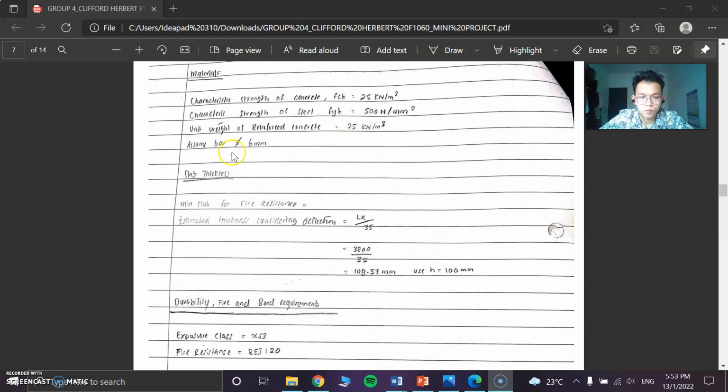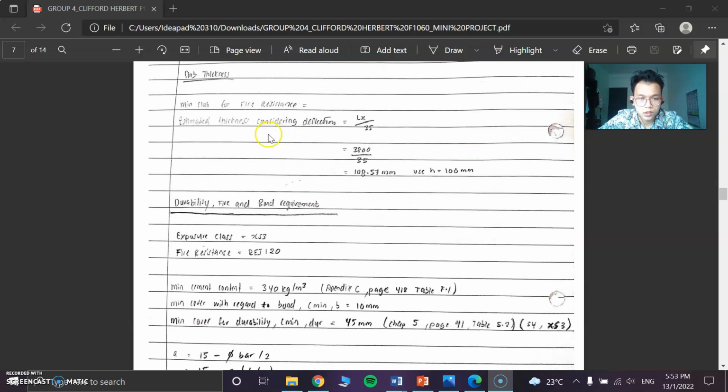By assumed bar, we use 6 millimeter. For slab thickness I've got 108.57 millimeter, so I need to use higher than it, and 100 millimeter is the best one I have chosen.